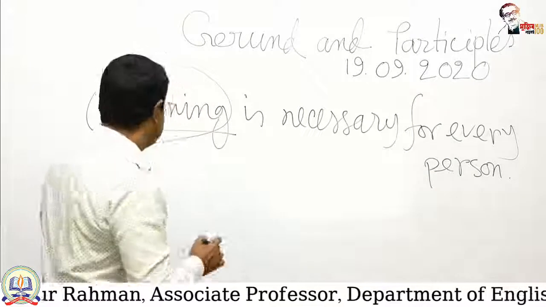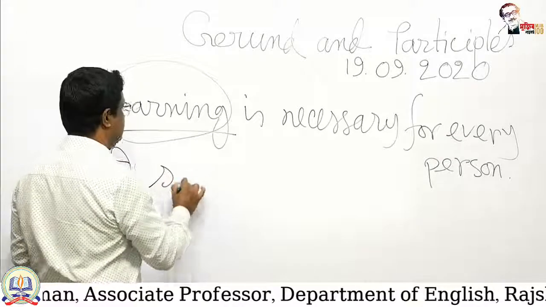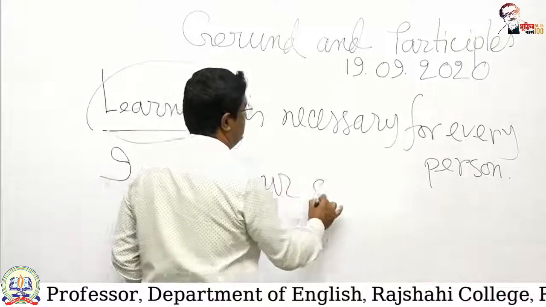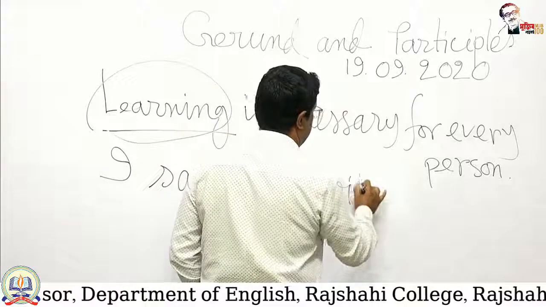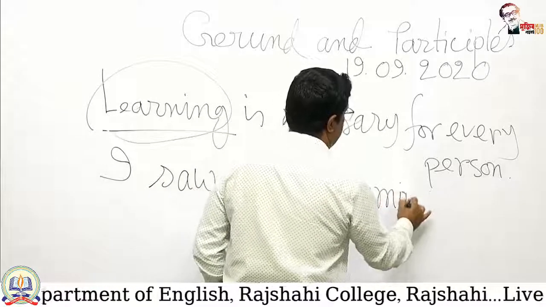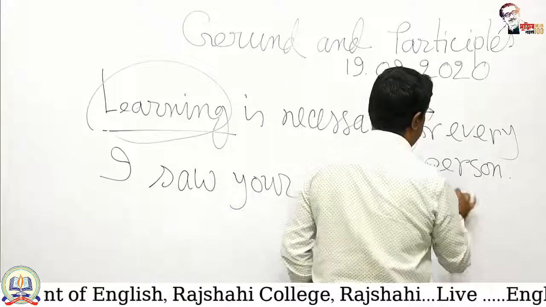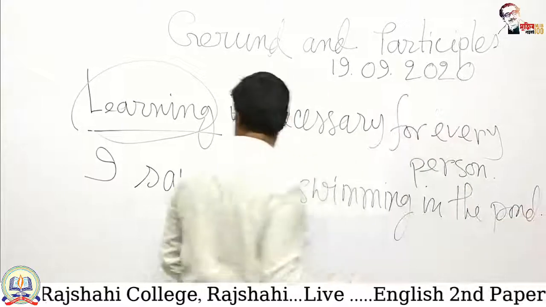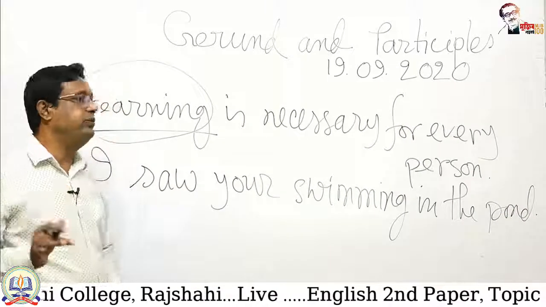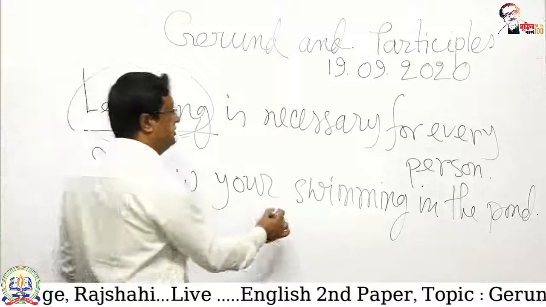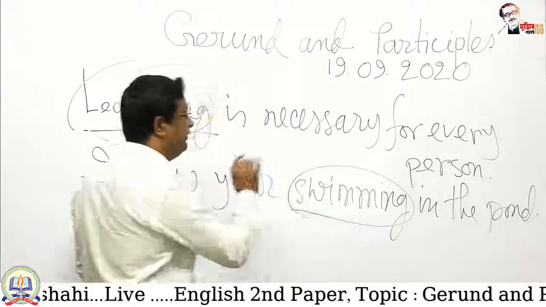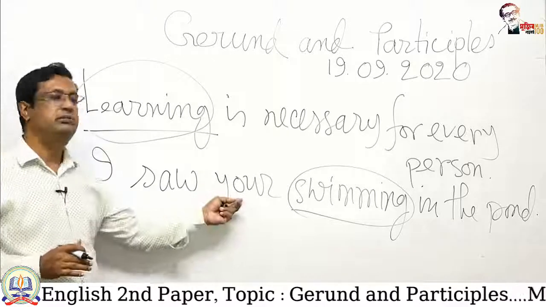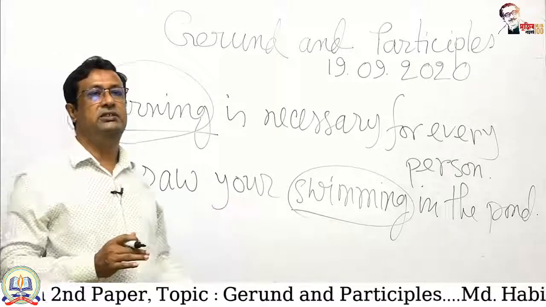Another thing. I saw you swimming in the pond. I saw your swimming in the pond. Here you find swimming, and you find a determiner before it, your, and you know a determiner comes before a noun.